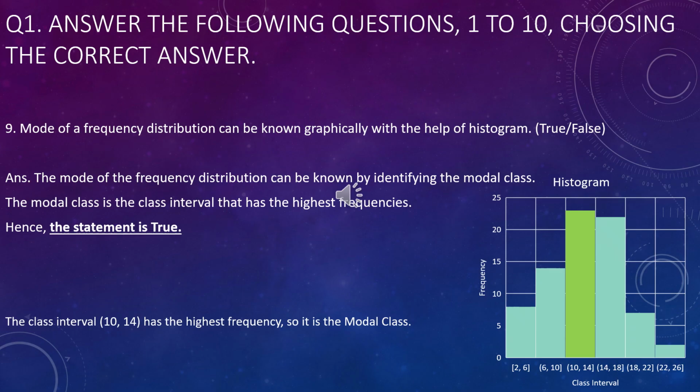Hence, we know that the statement is true. So in the figure, we find that the class interval 10 to 14 has the highest frequency, which is the modal class. So here the statement will be true, that the mode of a frequency distribution can be known graphically with the help of histogram. This is a true statement.